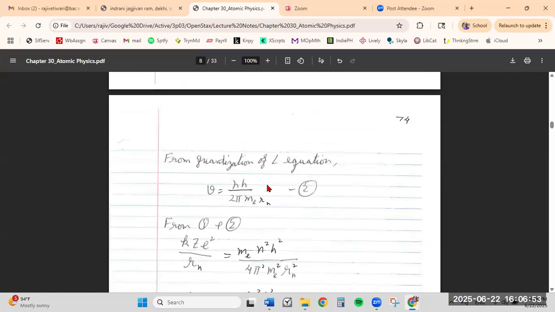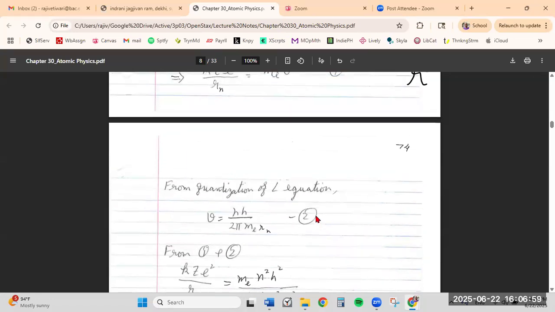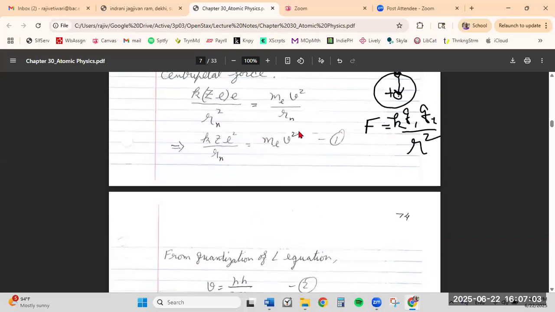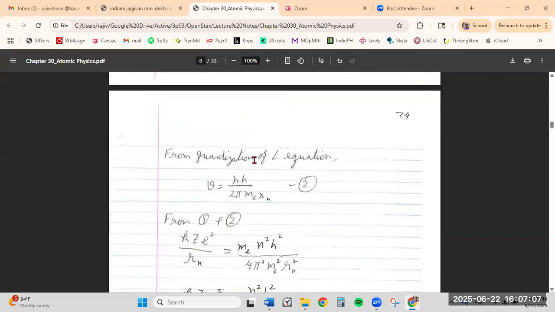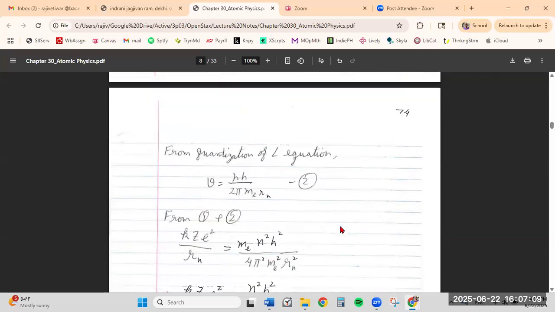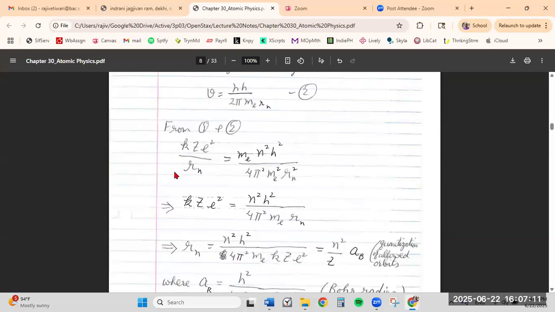So v is nh over 2 pi me rn. If you plug this second equation into the first equation, replacing the v by this expression, then that equation becomes this: k Z e squared over rn equals all of that.